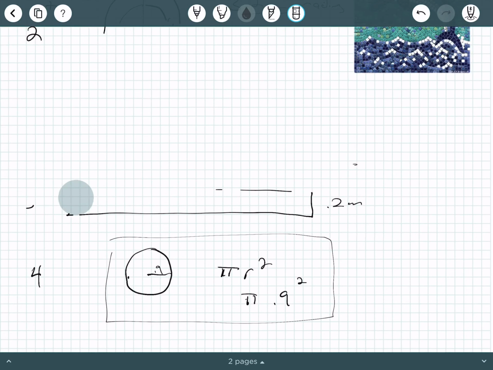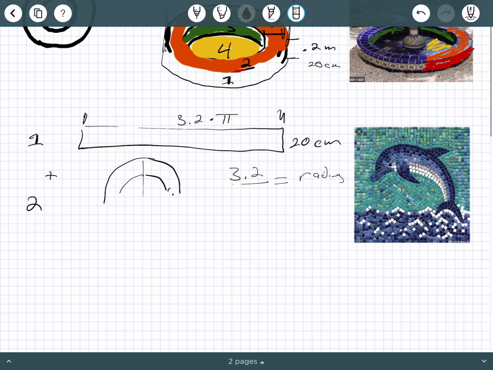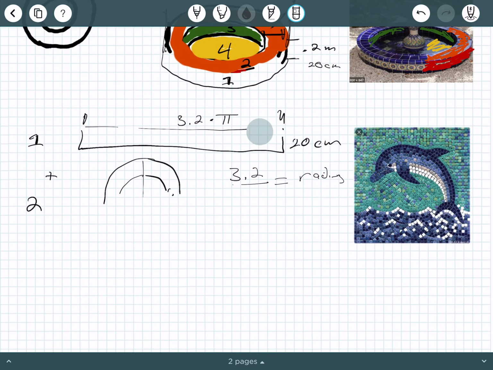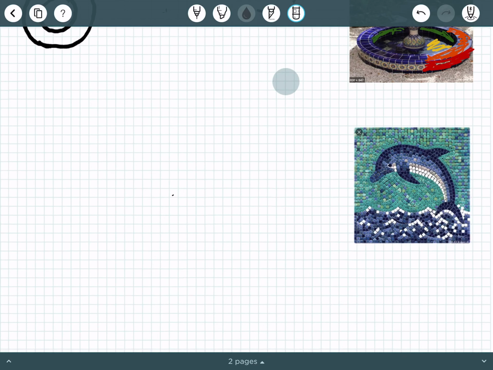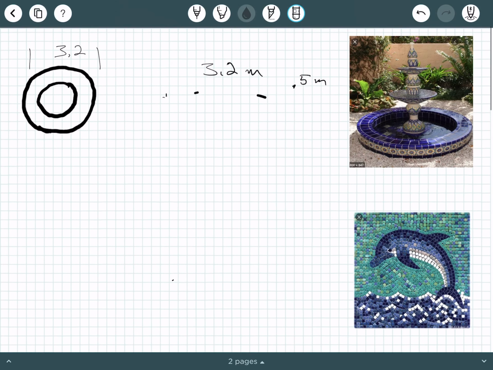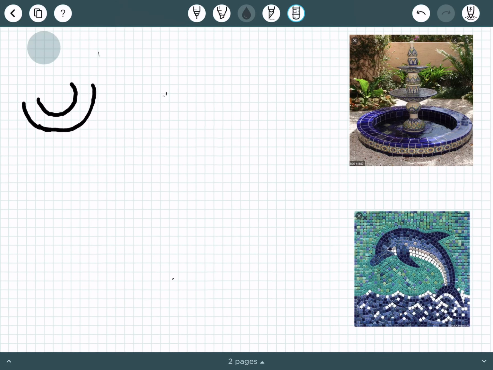An extra credit question. Without formulas, just in words, can you describe how you would figure out how many tiles you need for this? Clear this all up. For Mr. Dolphin, how would you be able to figure that out?